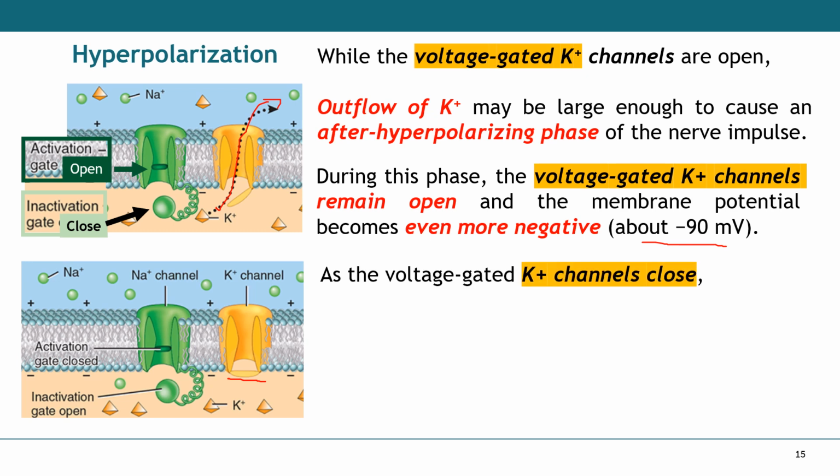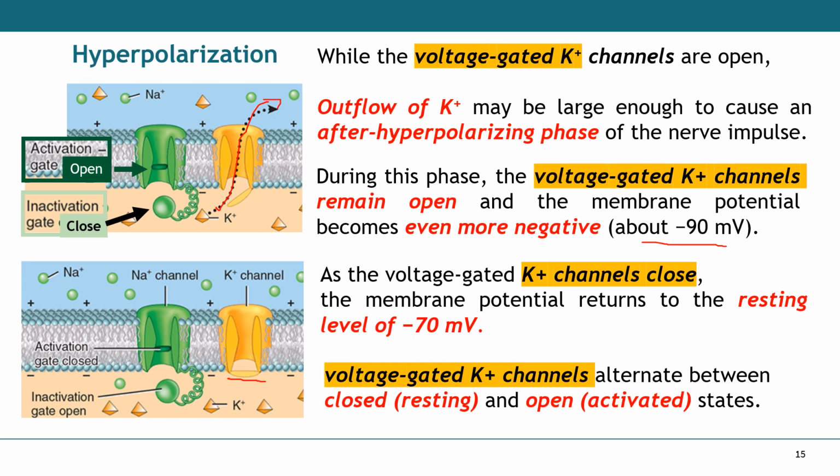So as this channel closes, we're going to go through another process that I will show you in a second that allows the cells to reestablish the normal membrane potential of minus 70. And remember, as I said before, your textbook wanted to remind you that the voltage gated channels alternate between closed in the resting stage or open in the activated stages.